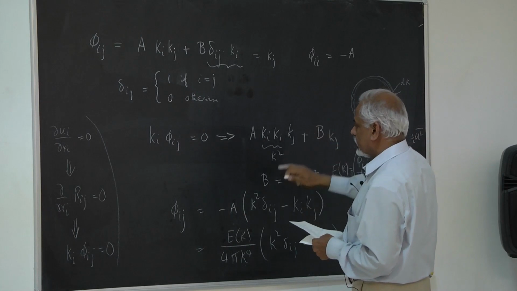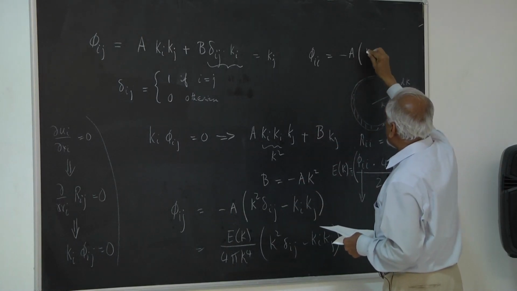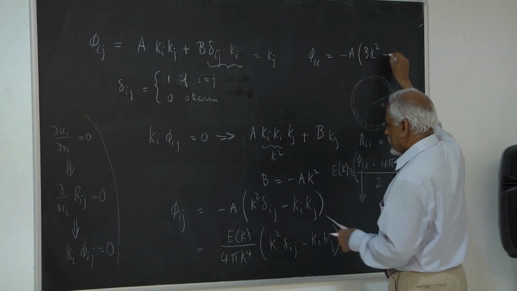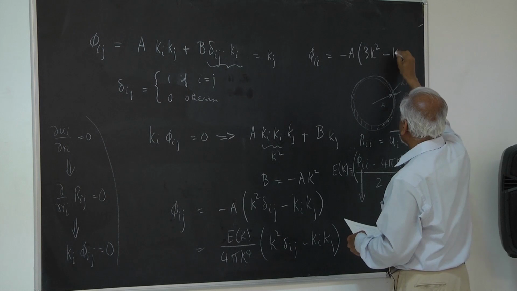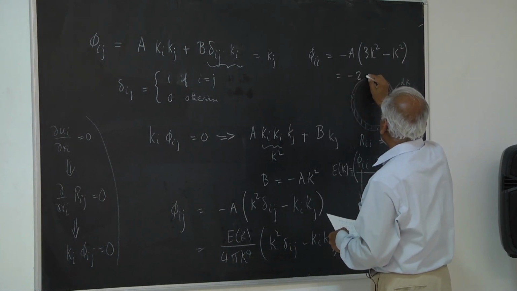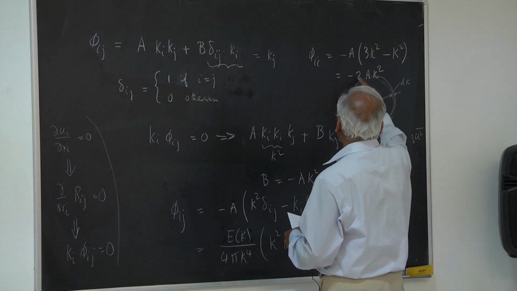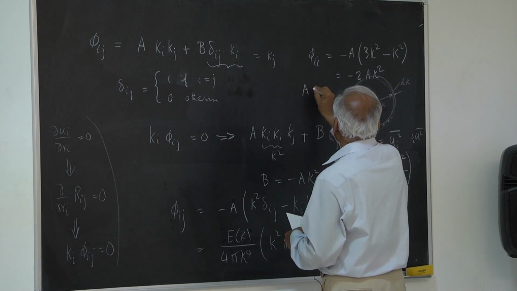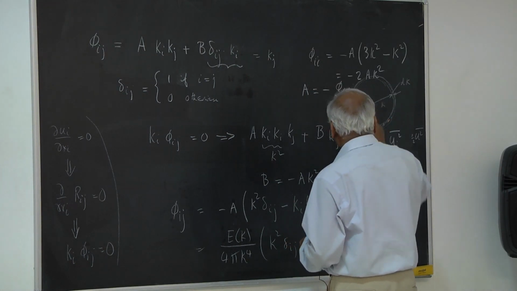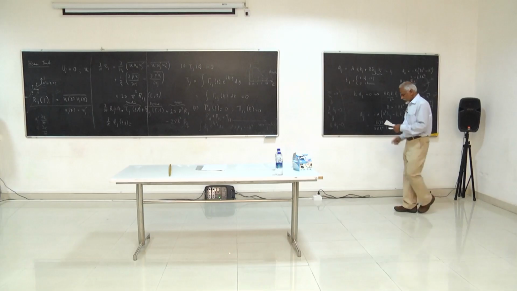If you take phi, it is minus A times 3k squared here, minus ki ki, which is 1k squared. So I have minus 2 A k squared. So A is therefore equal to minus phi over 2k squared, and that k squared got added here, and that's why you have k to the power 4.